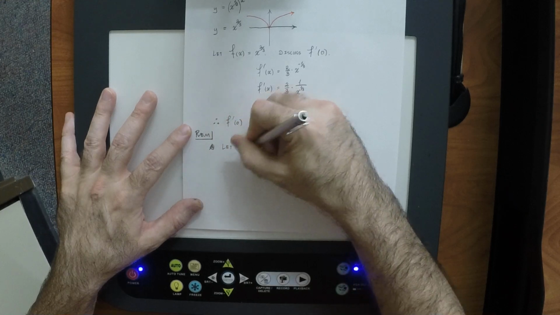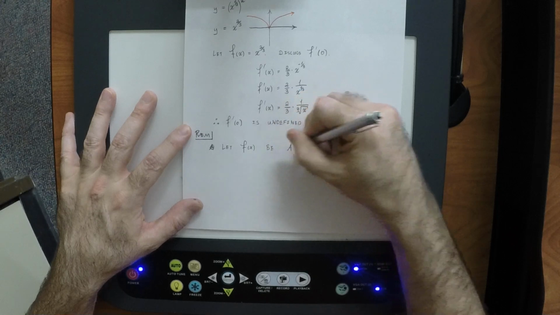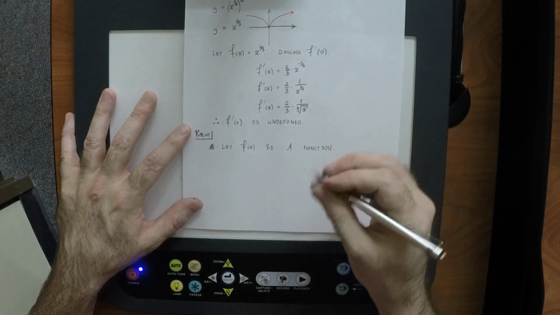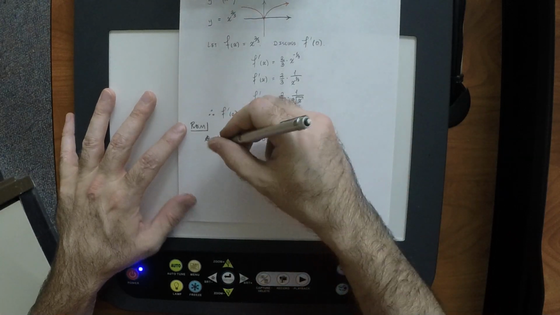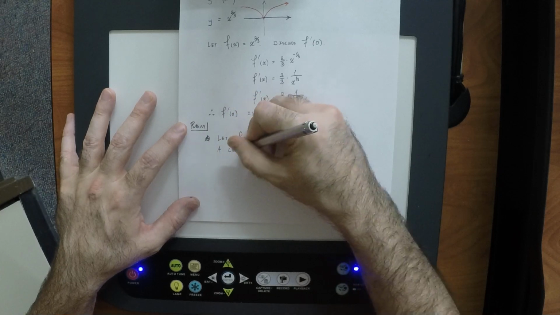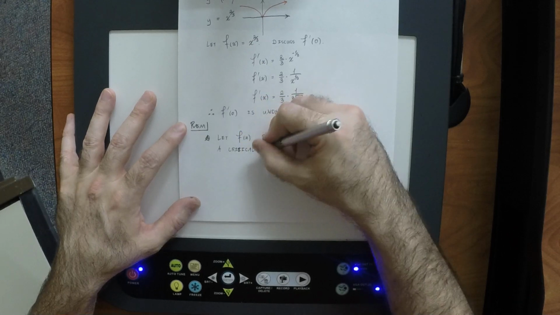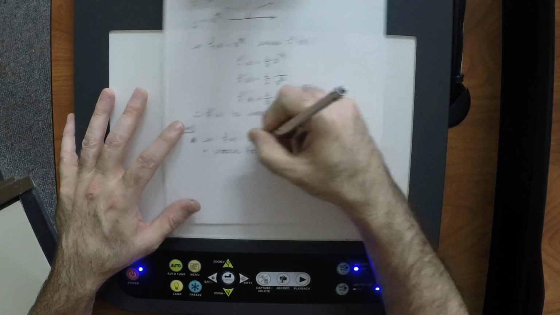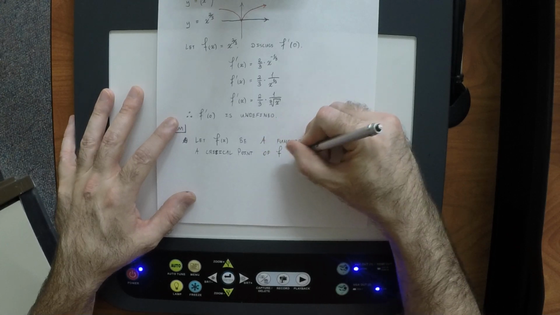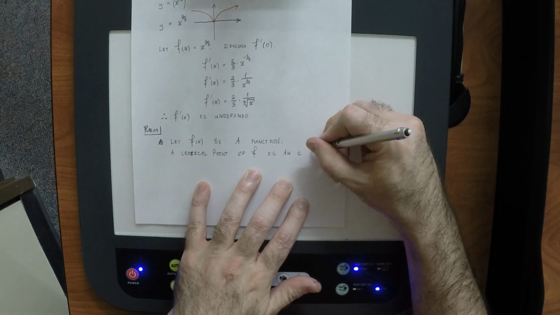Let f of x be a function. A critical point of f is any c.